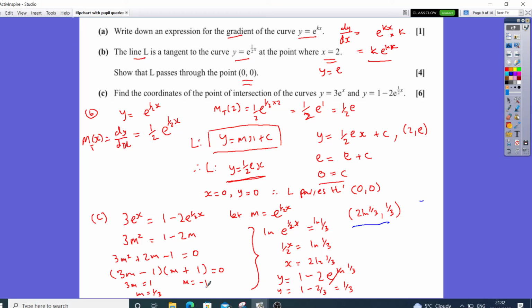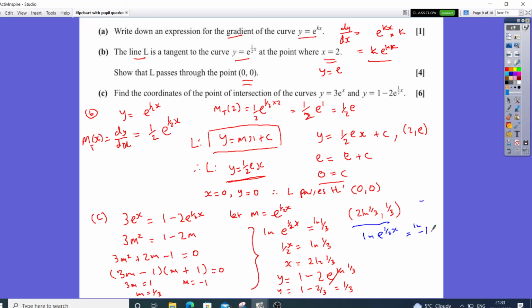When m equals -1, we can make e to the half x, which is m, equal to -1. And now, if you natural log both sides, you'll notice that this can never be the case. If you look at the graph, this can never equal that. But another way, if you log both sides, you can't natural log a negative number, you'll get an error.